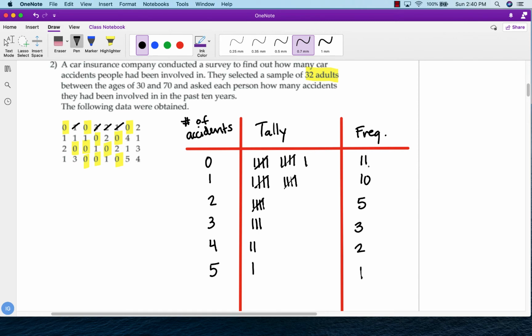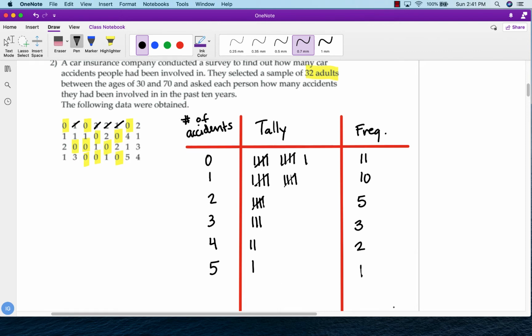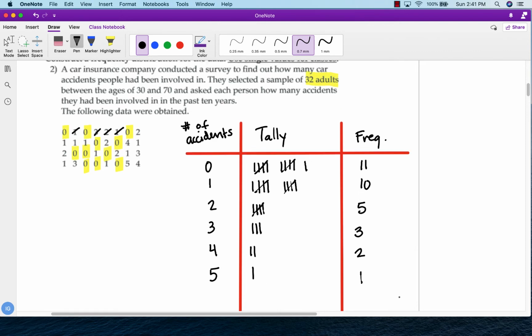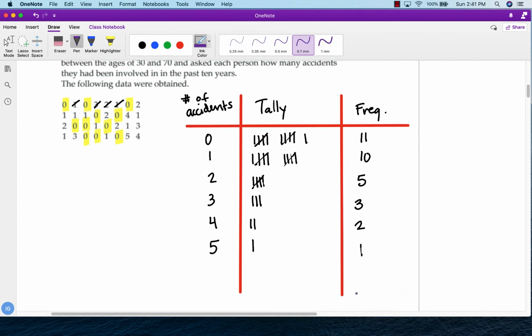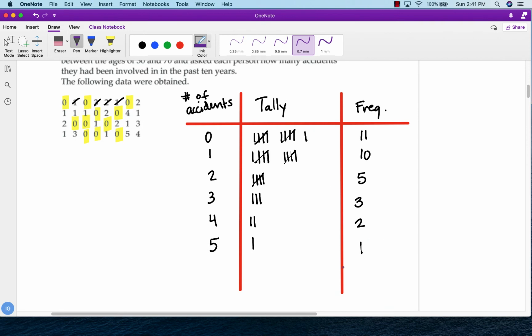So I have 11 for 0 accidents, 10 for 1 accident, 5 for 2 accidents, 3 for 3 accidents, 2 for 4 accidents, and only 1 adult had 5 accidents in the last 5 years. Okay, now remember that the survey that we have here is for 32 adults, so you want to make sure always the number here adds up to 32, which in this case it is 32.